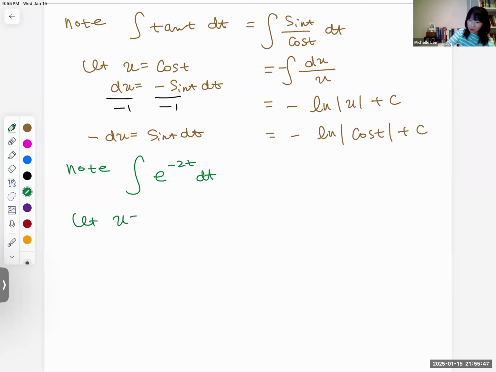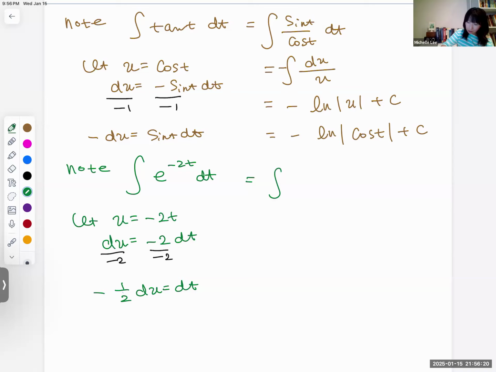Let u equal to what? Is it e, or negative 2, or negative 2t? Negative 2t. The derivative is negative 2 dt. We don't have a negative 2, so divide by negative 2 on both sides. So negative 1 over 2 du equals dt.